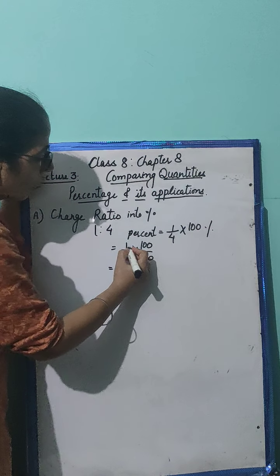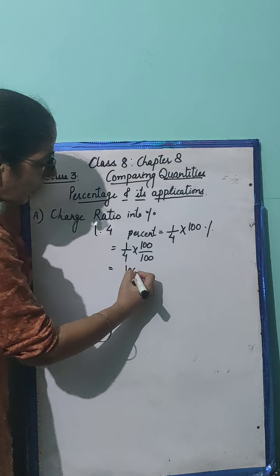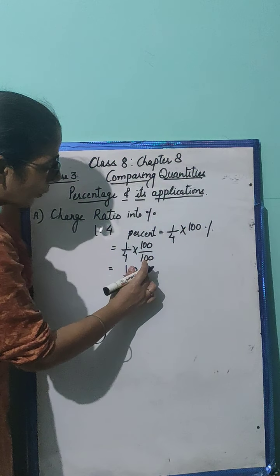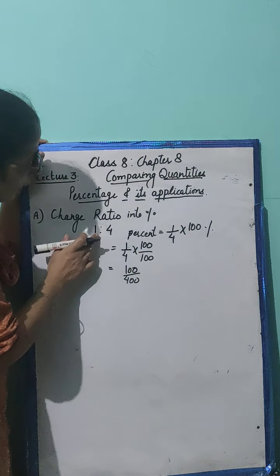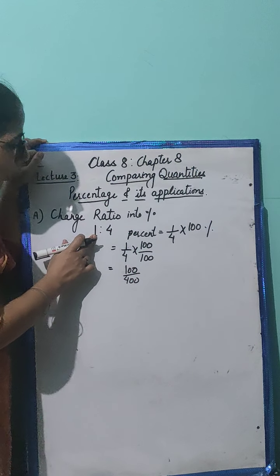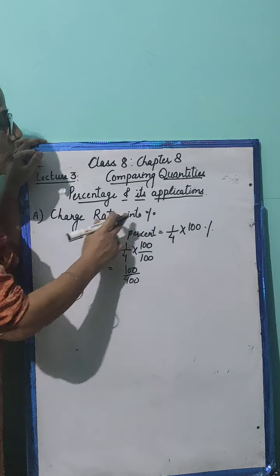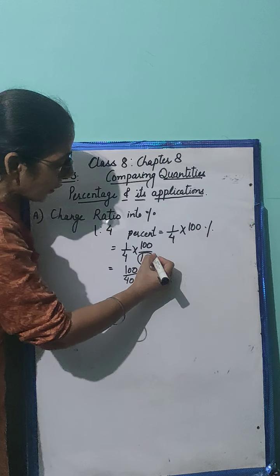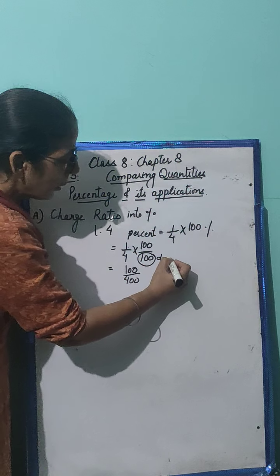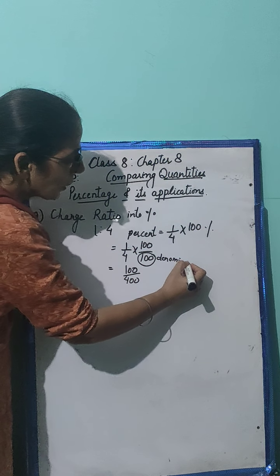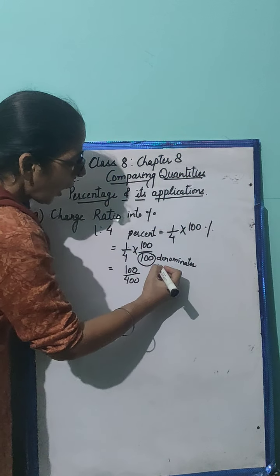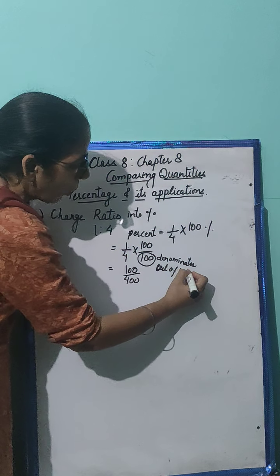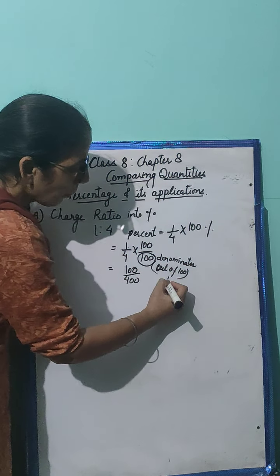Just see here. 1 into 100 is 100, 4 into 100 is 400. If I do the cancellation, it will again be 1/4. So the denominator 100 means out of 100, and out of 100 is percent.